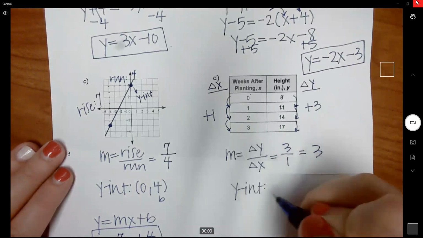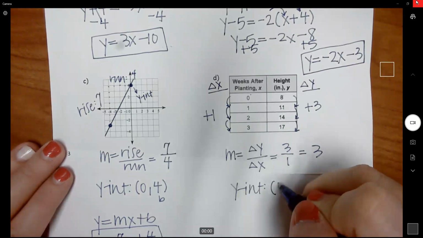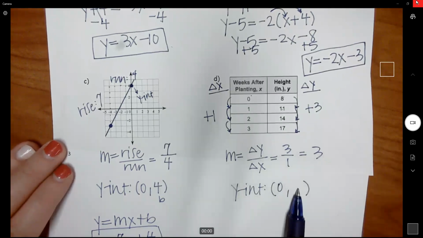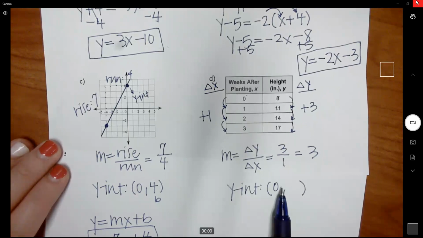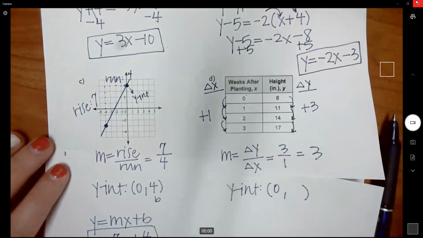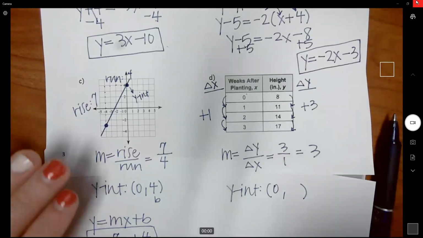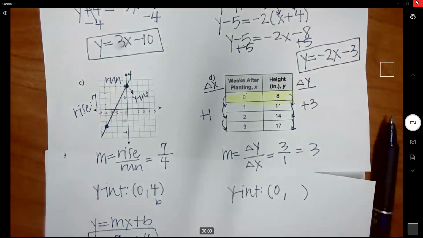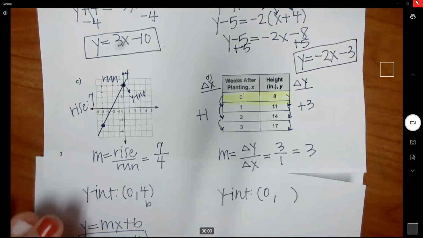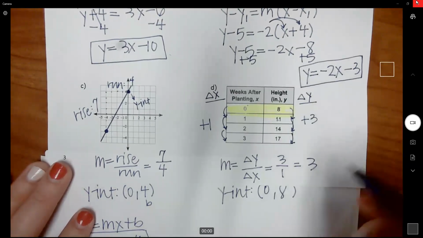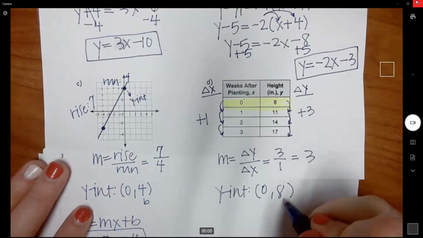The next thing I need is my b, my y-intercept. Your y-intercept is always in the form of (0, a number), which the ordered pair here is, right there. It tells you your y-intercept is (0, 8). So that is our b.